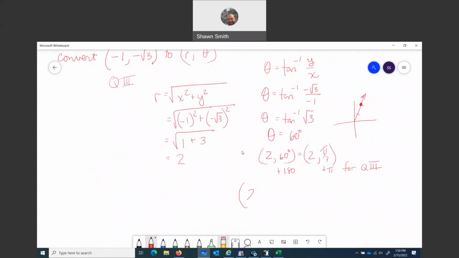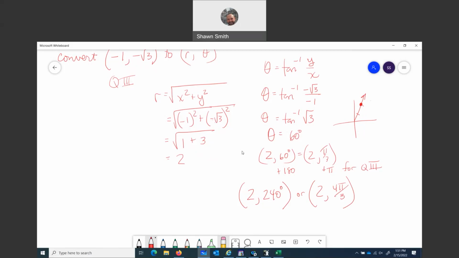So 2 comma 240 degrees is the same as the negative 1, negative square root of 3 rectangular coordinate, or in terms of radians, that would be 4 pi over 3. Another way to express this is not adjust the angle, adjust r.